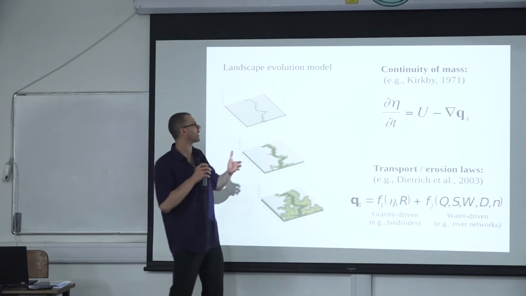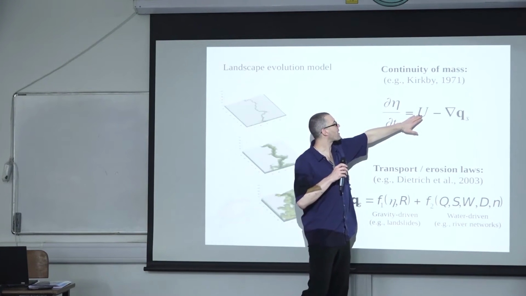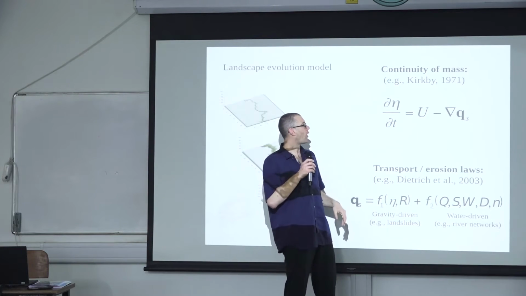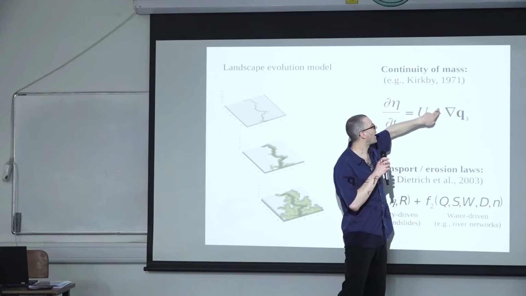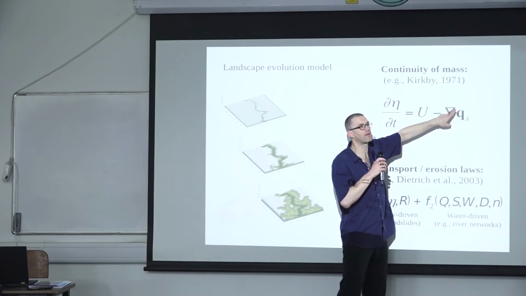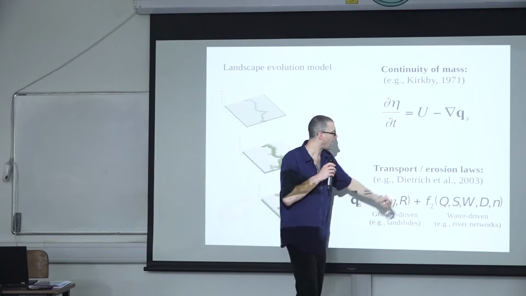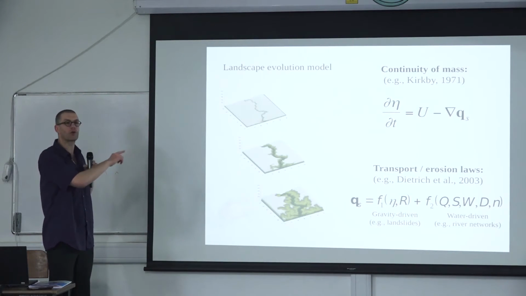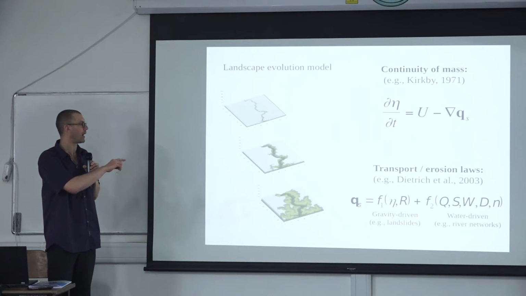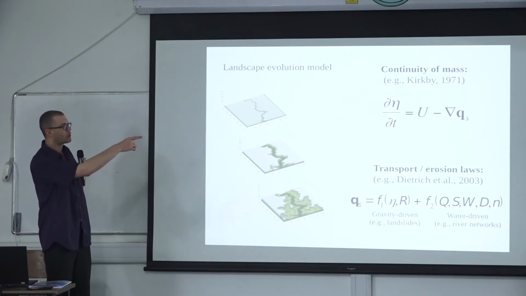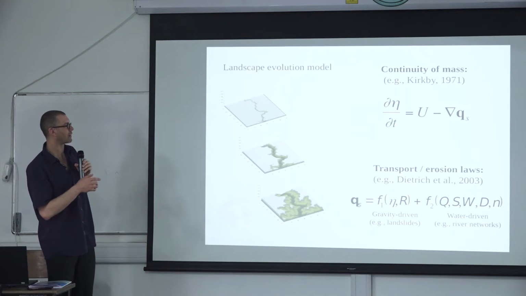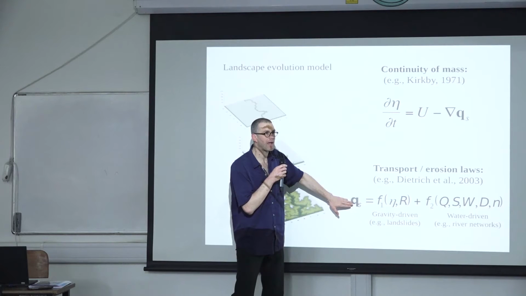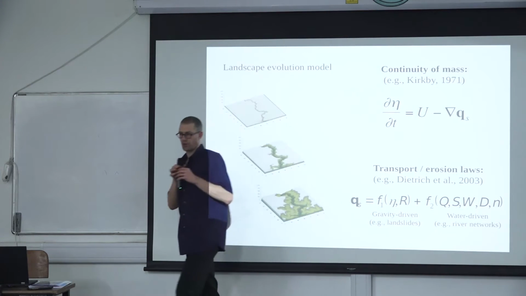The general framework is you have some uplift, and that uplift doesn't need to be vertically up. It can also be oblique, and then you have some function that describes the surface mass transport, and those are the laws that we are going to look at in a little more detail now. I will do this on the board in a couple of minutes where we look at the diffusional law. We specifically will look at Q_S for a linear diffusion, a hill slope evolution model.